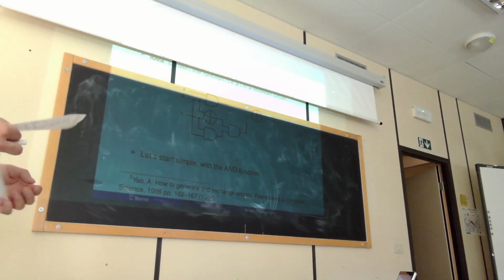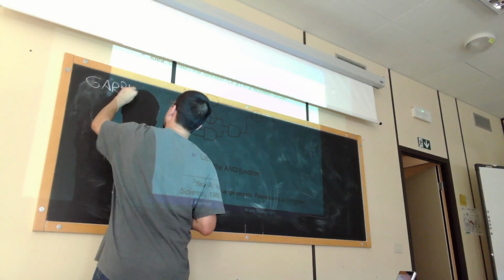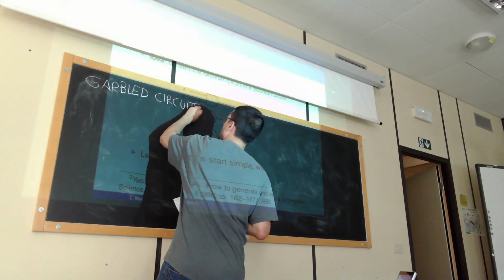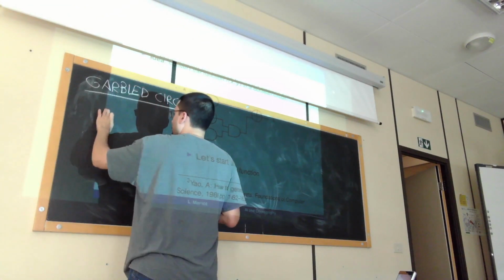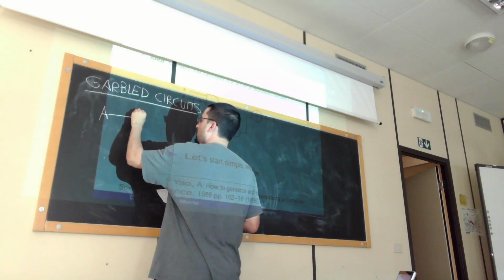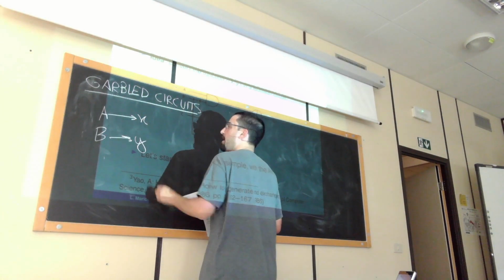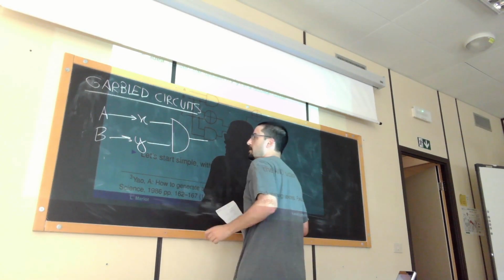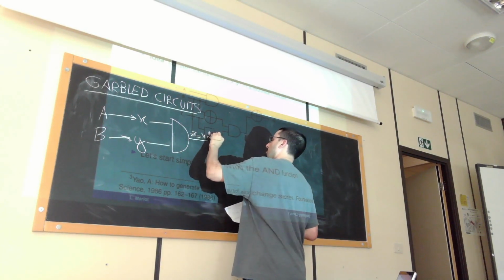Okay. So, garbled circuits. We have our circuit, which is quite simple. Alice will give a private input x, and Bob will give a private input y, and we compute this circuit. The output will be z, that is x AND y.